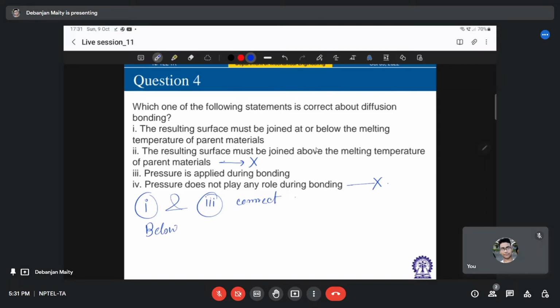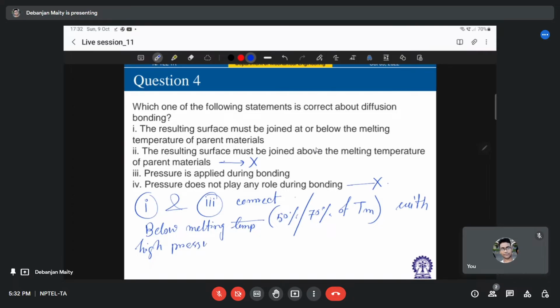Below melting temperature, this can be 50% or 70% of the melting temperature, with high pressure, over a long period of time.